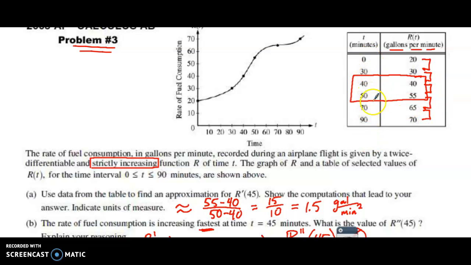Yep, it looks like we have enough data to do this. But notice that the width changes. So we're doing 30 for the first width and then times 20. And then the next width is 10 times 30. The next width is 10 times 40. The next width is 20 times 55. And then the last one is 20 times 65.